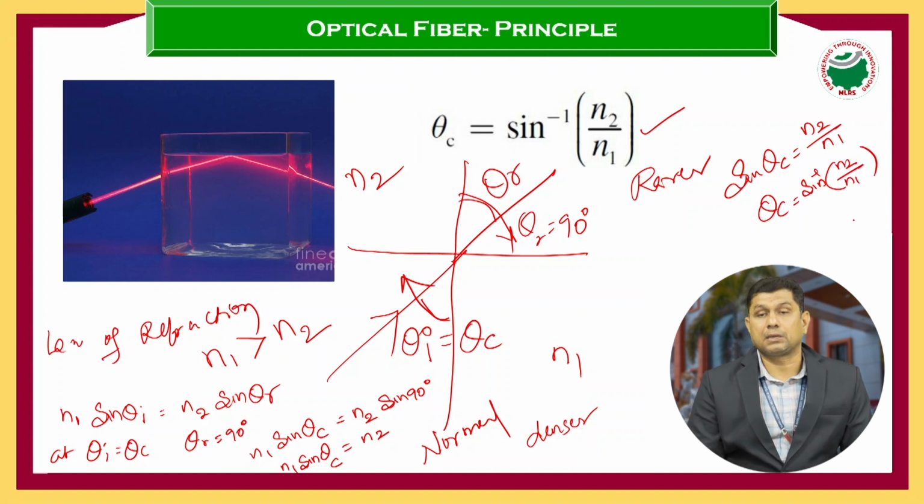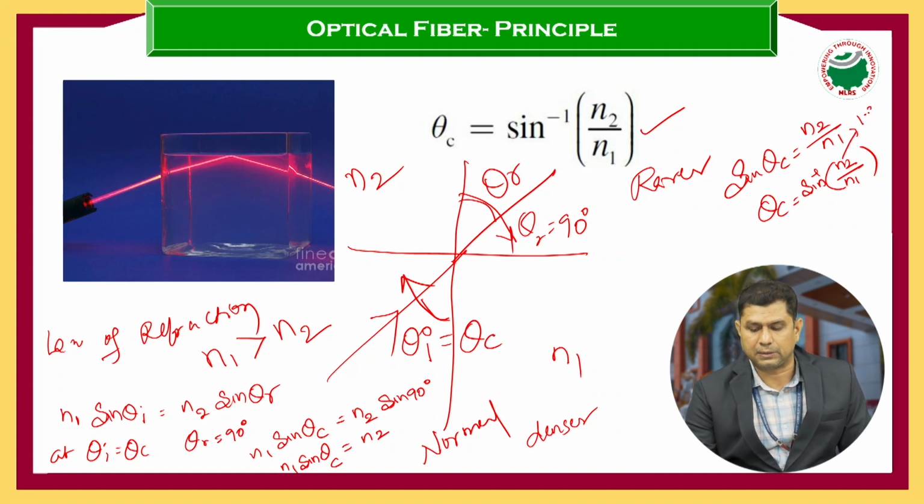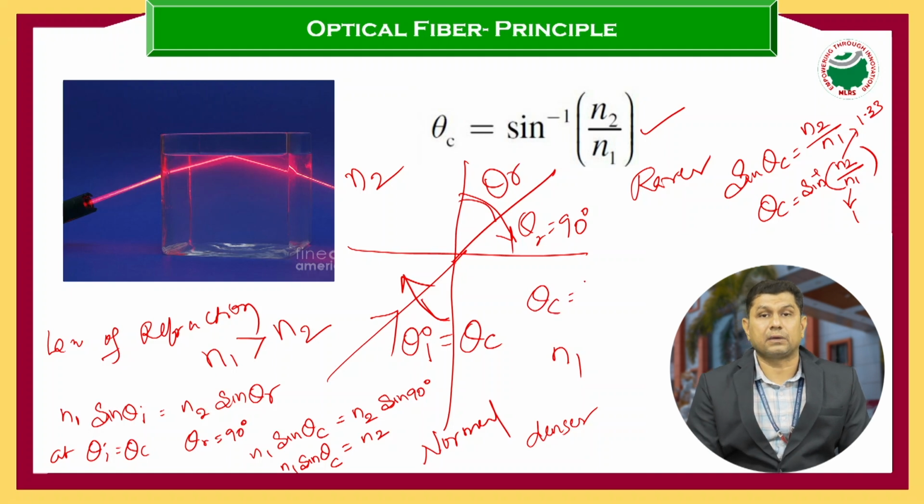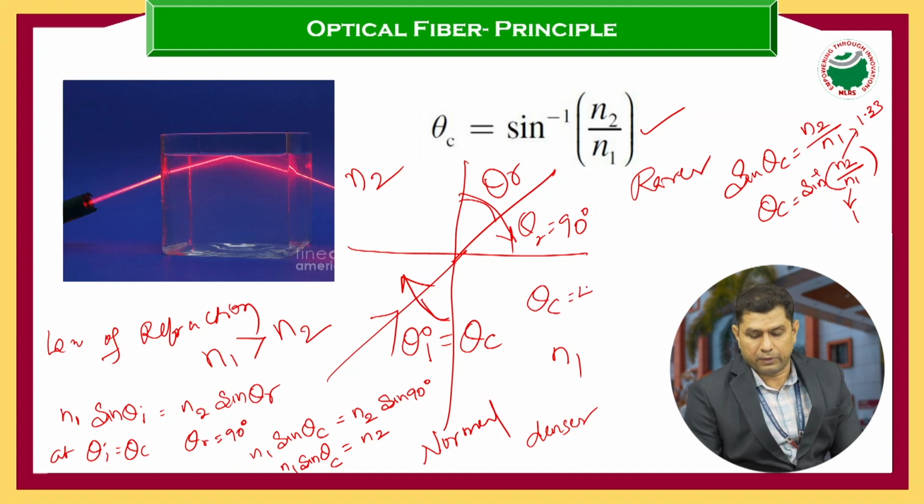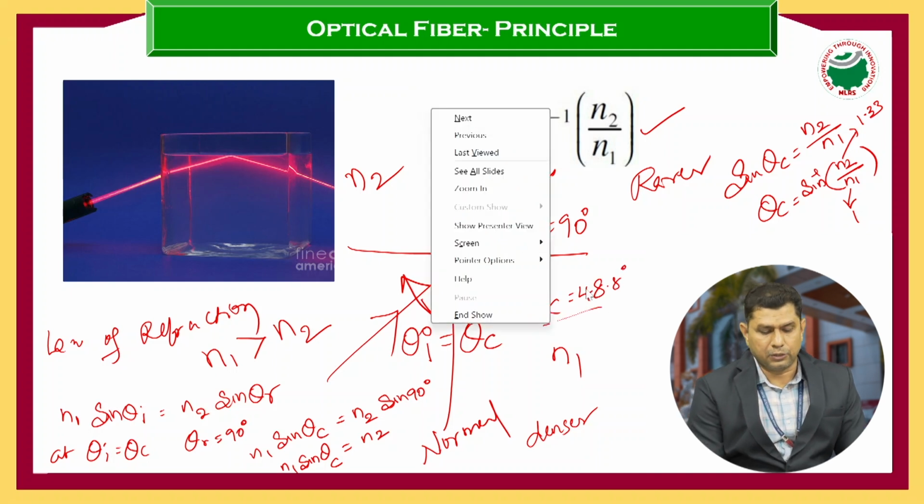In the previous example, I showed you water to air. For water, what is the refractive index? 1.33. For air, what is the refractive index? 1. Then theta c equals sin inverse of 1 by 1.33, which is approximately 48.8 degrees. So this is the critical angle you observed.